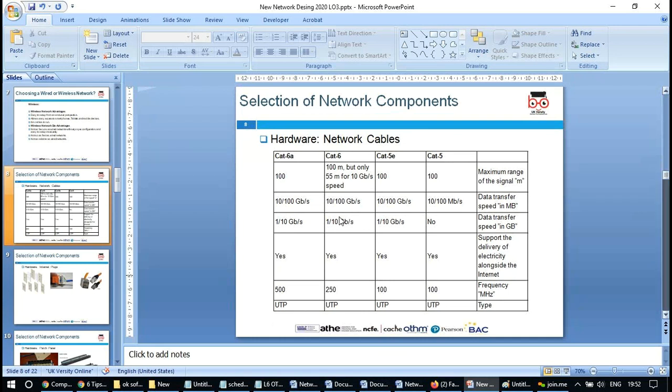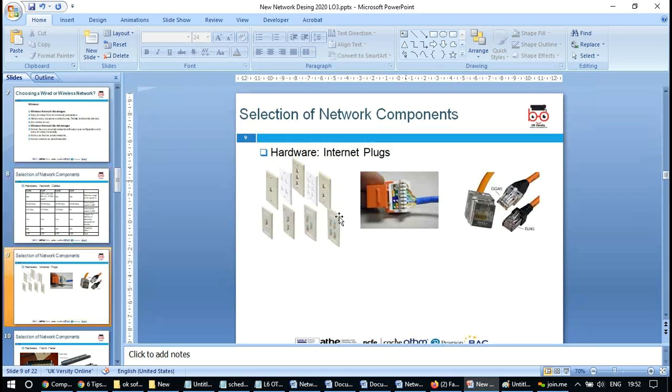Then you would require the internet plugs. The plugs are the sockets located in the walls, and those sockets require particular cabling and connectors. For example, the Ethernet network cable we use for laptops uses the RJ45 connector, isn't it?